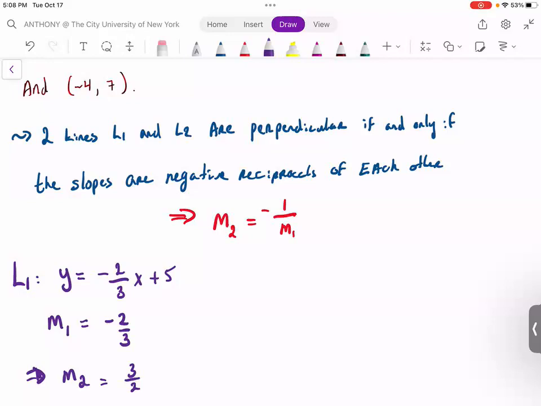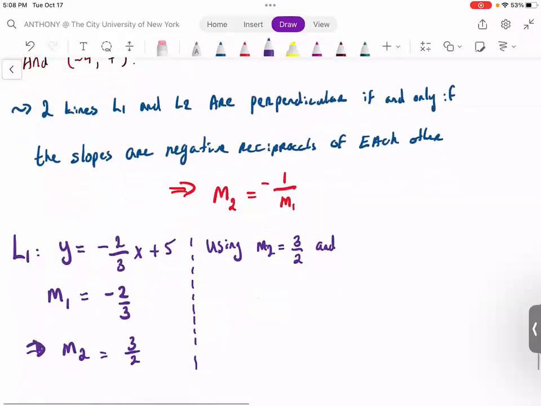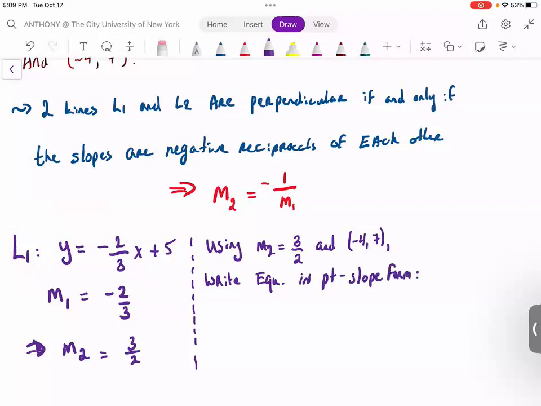All right, so m1 is -2/3. m2 is going to be 3/2. All right, so using m2 equals 3/2 and the given point, which was (-4, 7), you can write the equation in point slope form. Point slope form is defined as y minus y1 equals m times x minus x1.